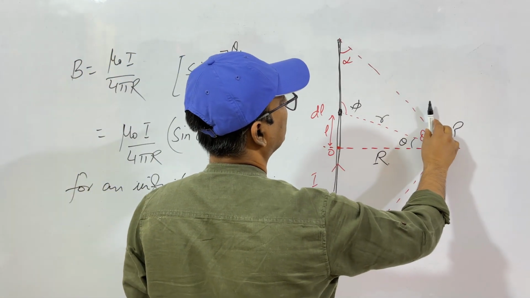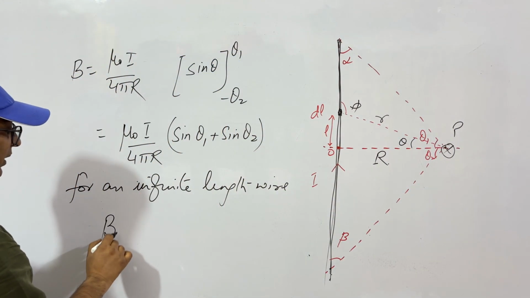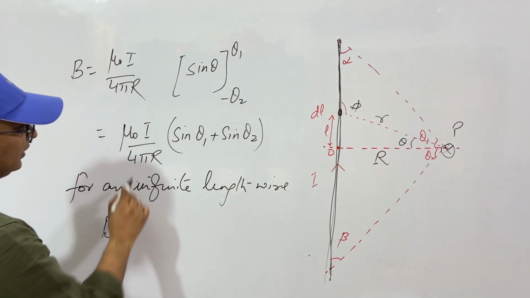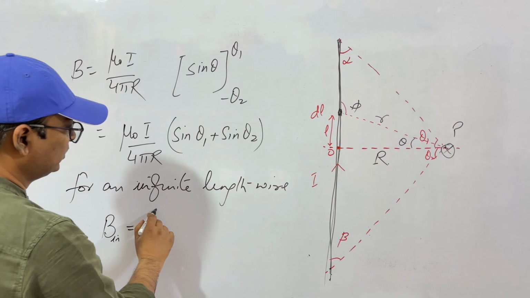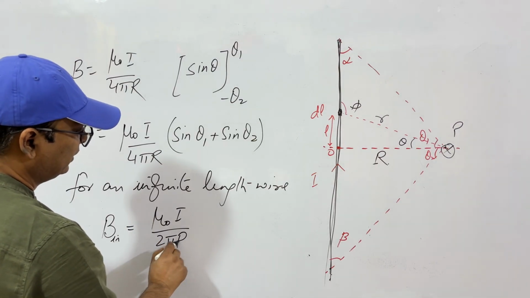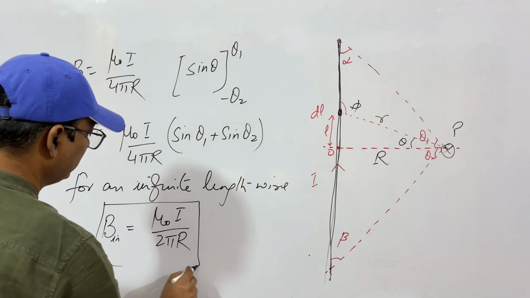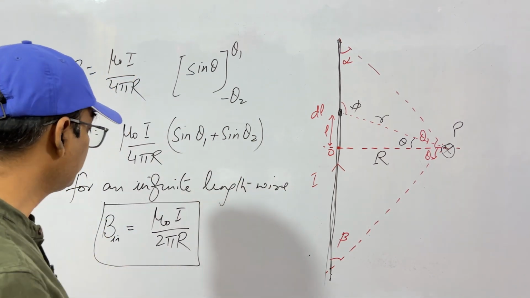This is also infinity, so like this. So sin π/2 is 1, sin π/2 is 1. The magnetic field will be, for infinite, 1 plus 1, that is 2, and the 2s cancel. So what you get is μ0 I/2πr. Direction you know, you can find it by the right hand thumb rule.